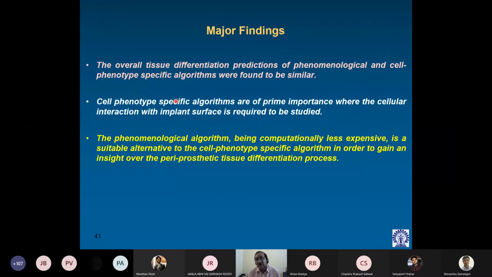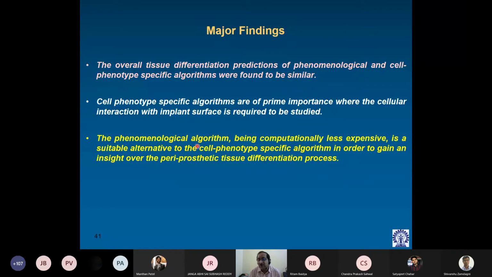So the cell-phenotype specific algorithm has its place in different kinds of investigation. When there is cellular level interaction that needs to be identified or investigated, it finds its application there.